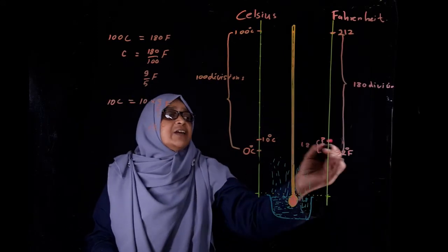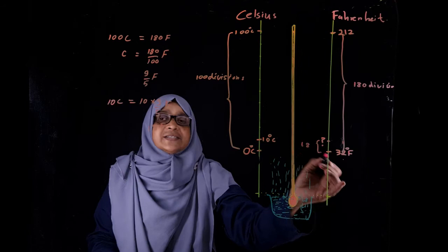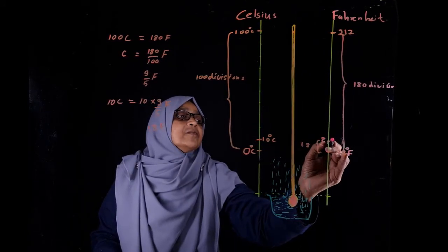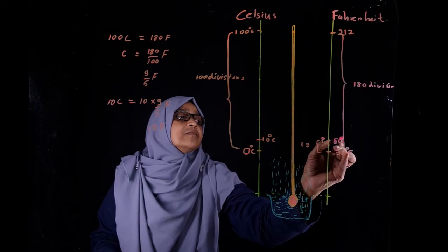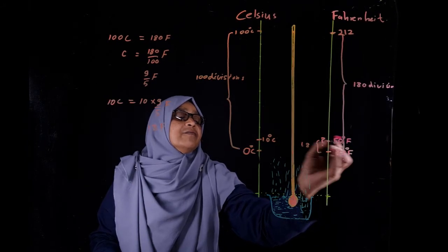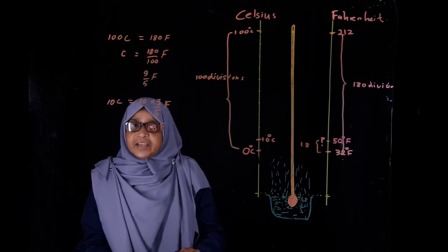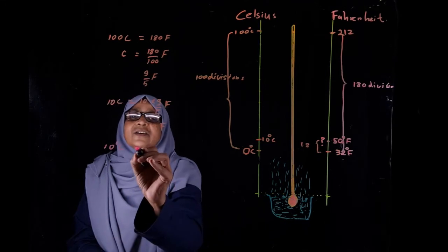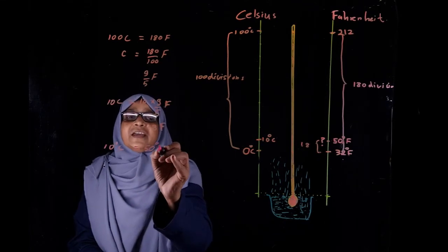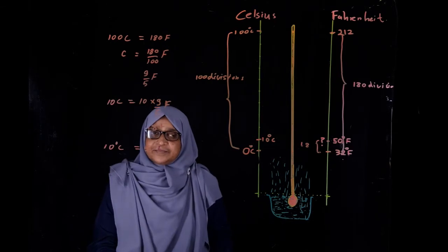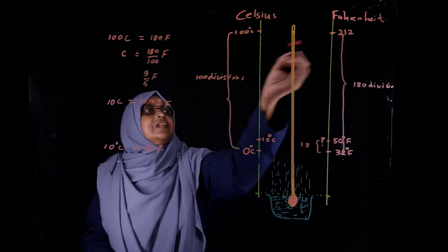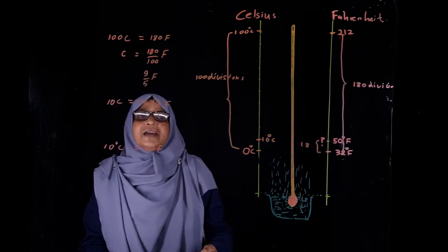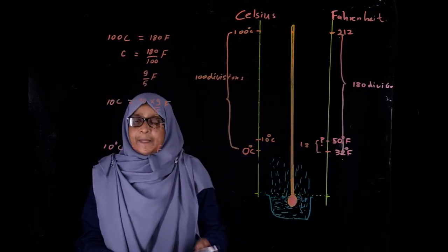So the reading will be 32 plus 18, that is 50 degrees Fahrenheit. So we can say 10 degrees Celsius is equal to 50 degrees Fahrenheit. Here we can see 100 degrees Celsius is equal to 212. We can get this by calculation also.